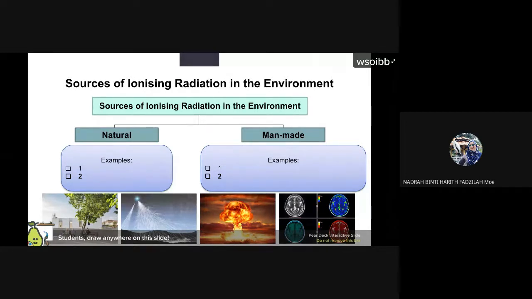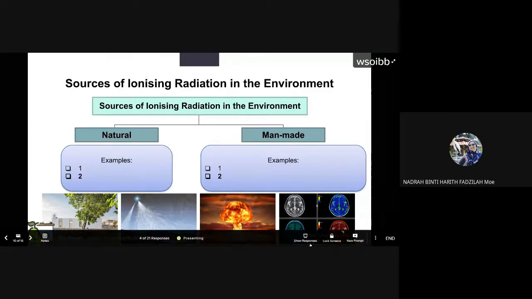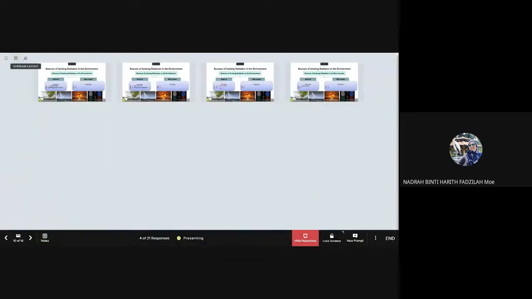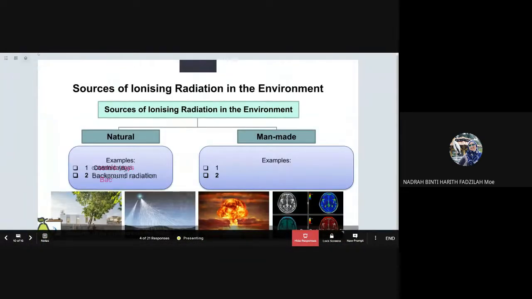Can you give at least 2 examples of natural sources of ionizing radiation and man-made sources of ionizing radiation? Okay, wait a moment, I will show responses. Alright, can you give at least 2?